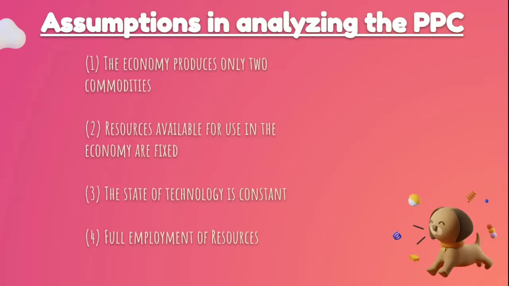Assumption in analyzing the PPC. It shows the alternative combinations of goods an economy can produce when resources are fully employed and technology is constant. And there are 4 key assumptions in analyzing the PPC. The first assumption is the economy produces only 2 commodities.